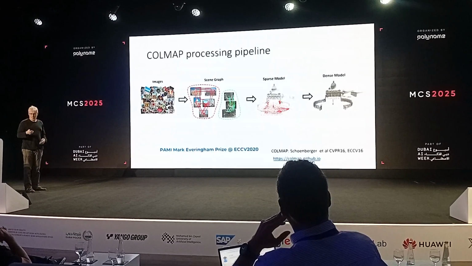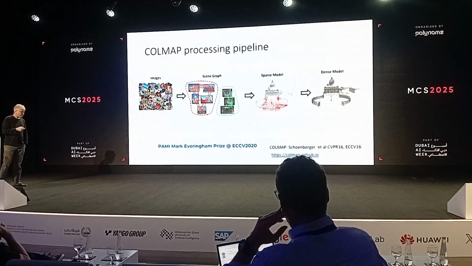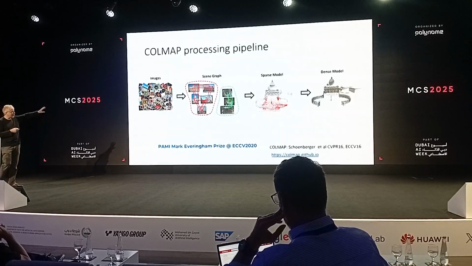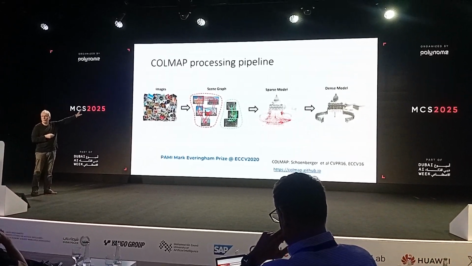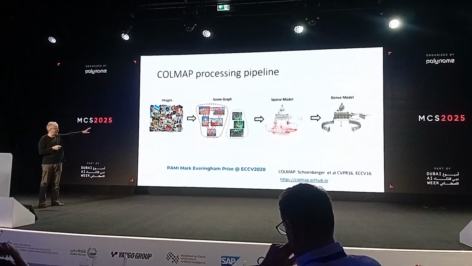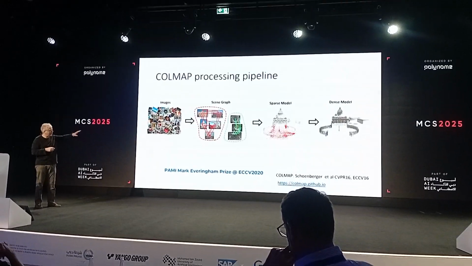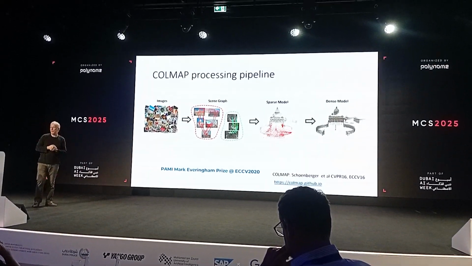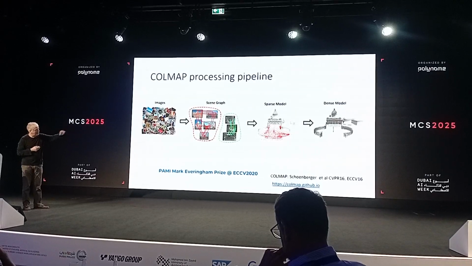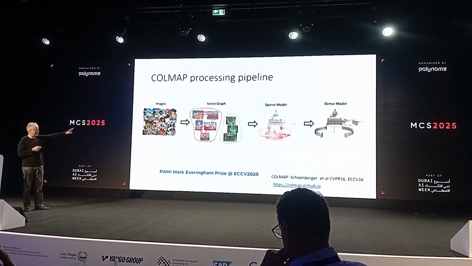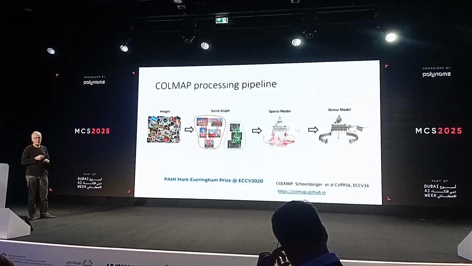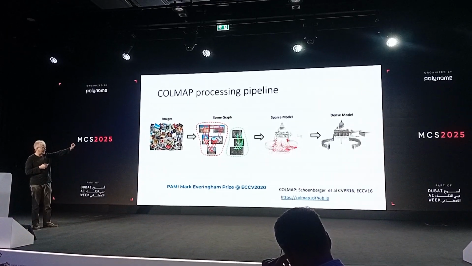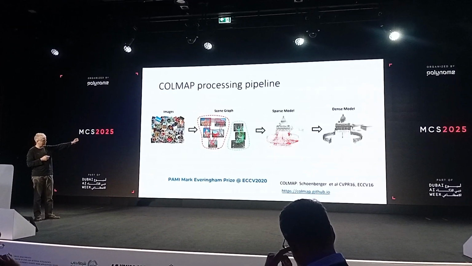So this is a tool that a lot of people use, and that essentially from a photo collection will figure out which images look at the same thing as other images. From building up a graph of all the images that relate to each other, then through geometric computations computes first a sparse representation, the number of key points, as well as the position of the cameras, the things in red.